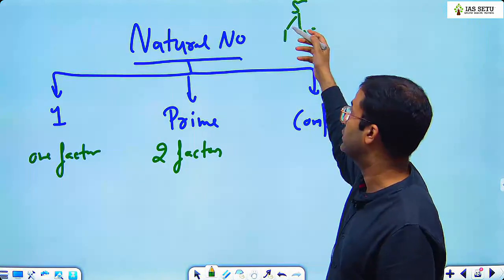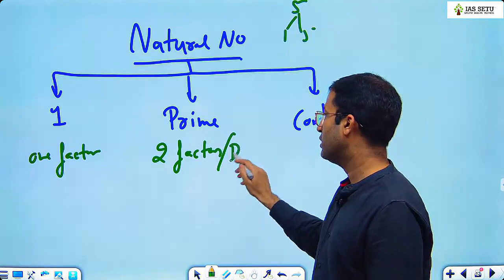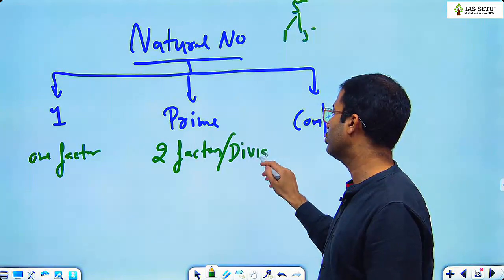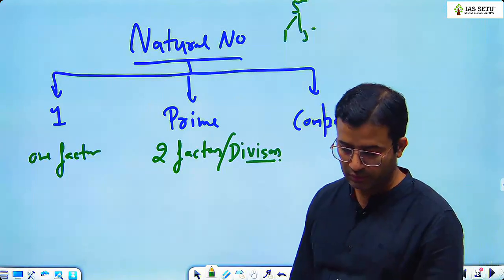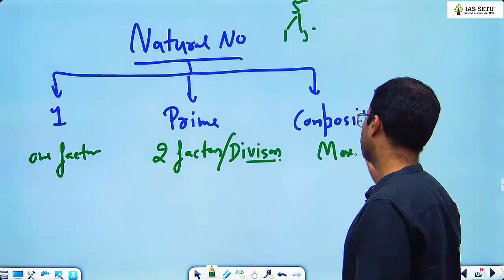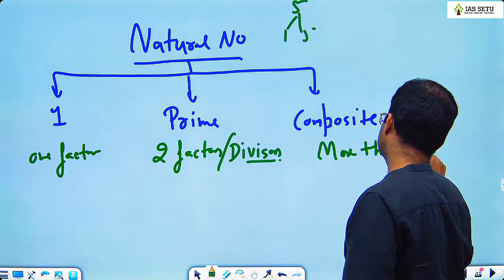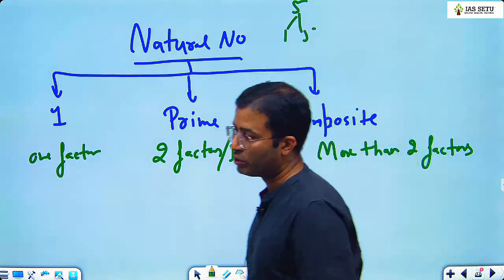Divisor of 5 is 1 and 5. Factors and divisor are same. Have 2 factors or 2 divisors. Then the composite number has more than 2 factors.